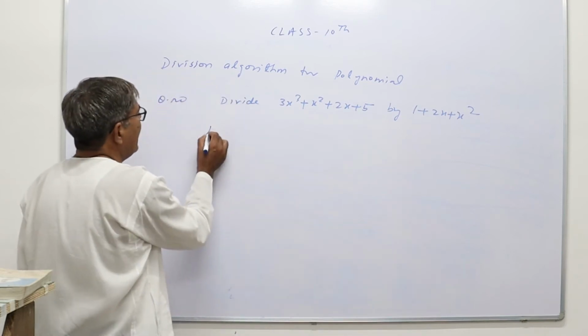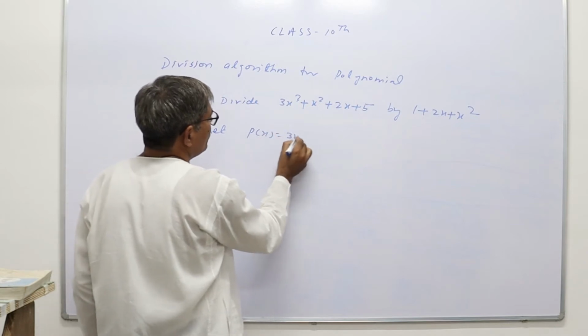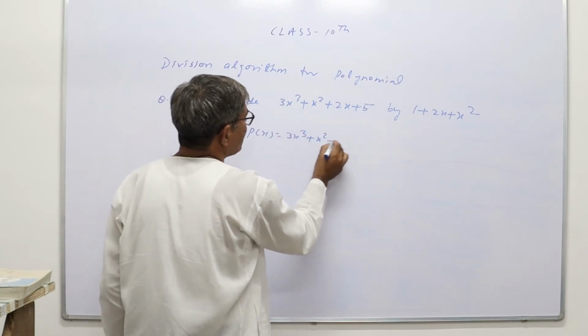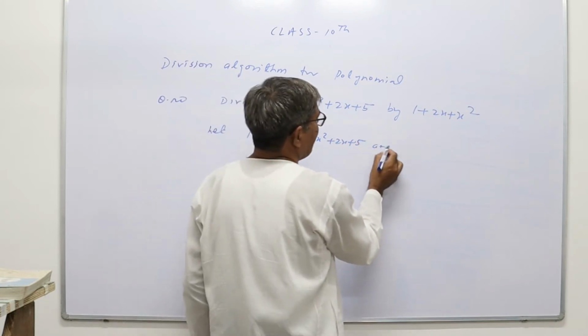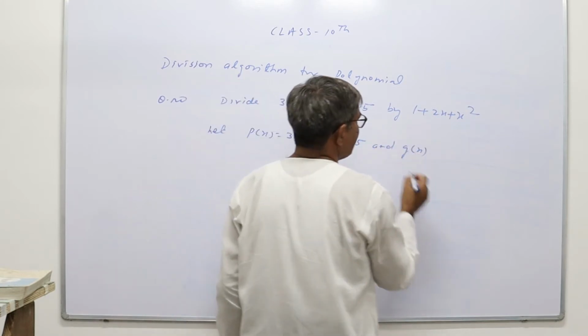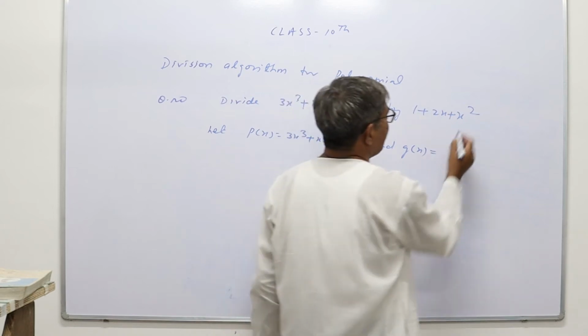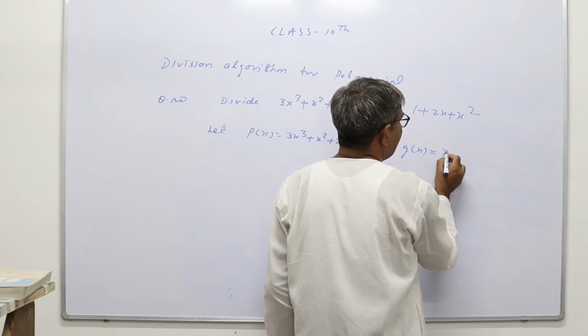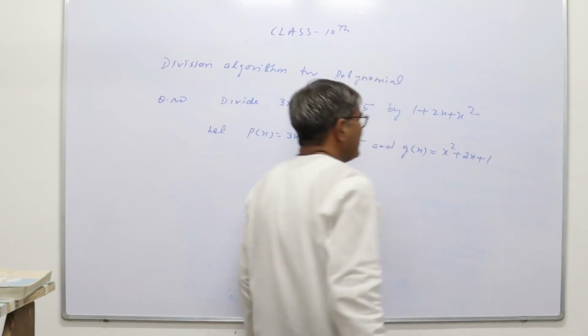So here let p(x) equal 3x cube plus x square plus 2x plus 5, and g(x), the other polynomial, in decreasing degree: the highest degree term is x square, then 2x, then plus 1.